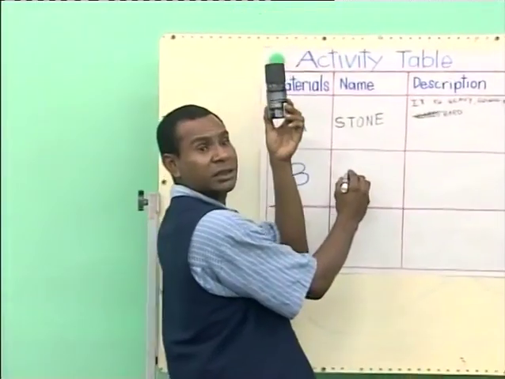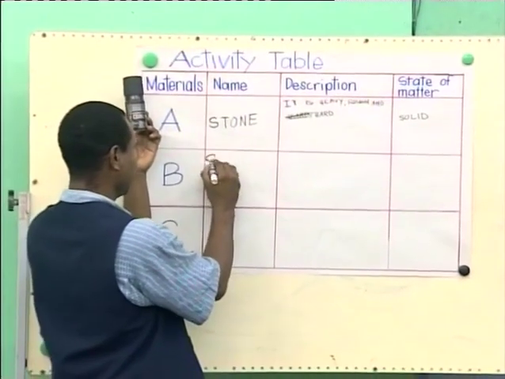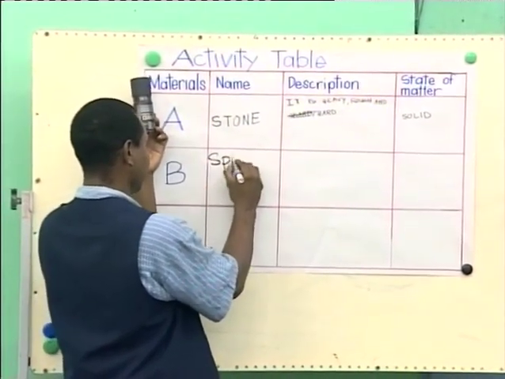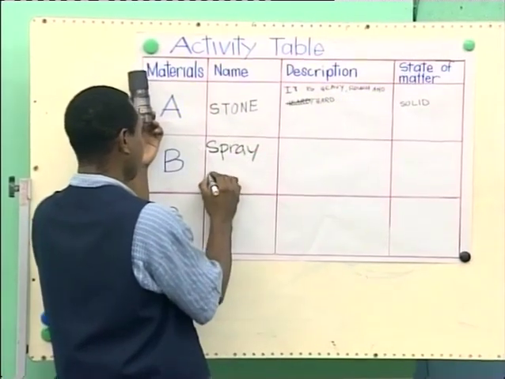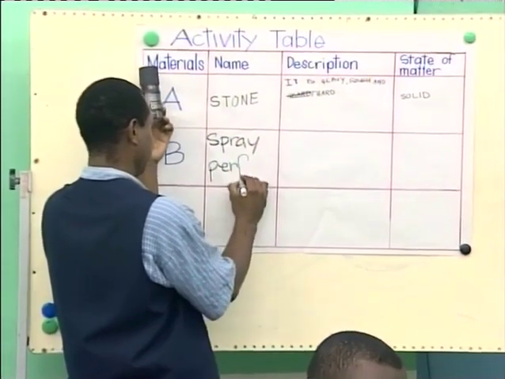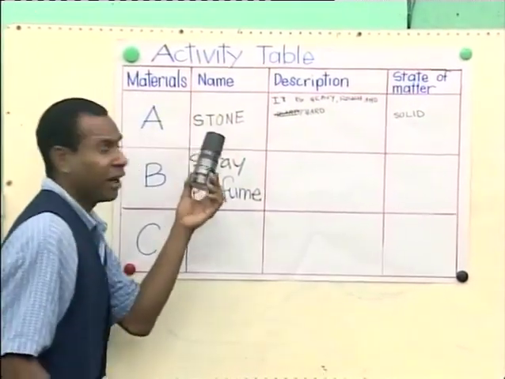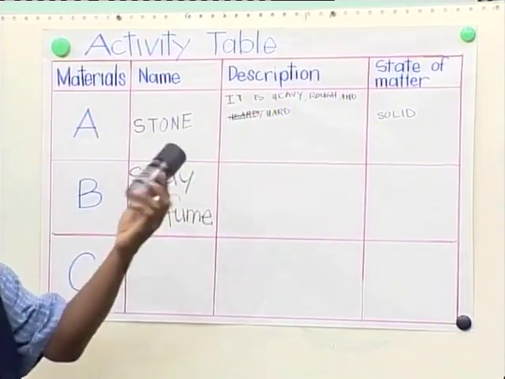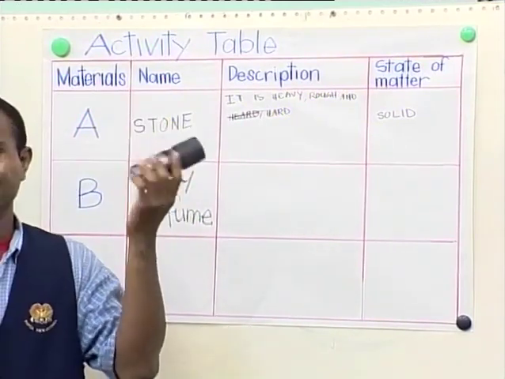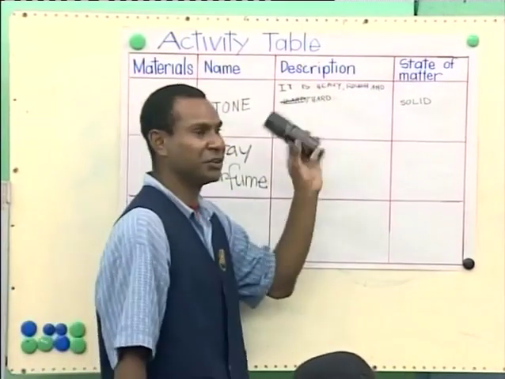So it is a spray, or it is a perfume. What did it say it was? Yeah, that's the name of it. It contains gas. Did you see?